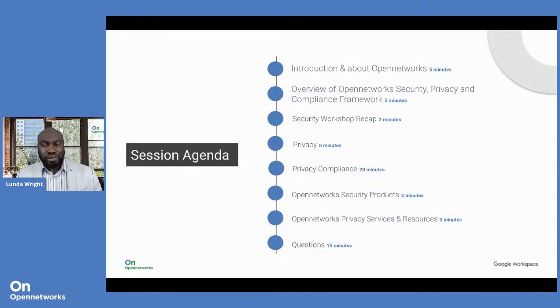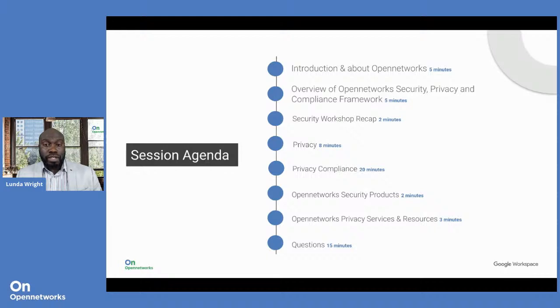To start off with, I'm going to tell you a bit about Open Networks, and then give you an overview of our security, privacy, and compliance framework. We're going to do a brief recap on the security workshop that we did last week. Then I'm going to launch into the meat of this webinar, where I'll be covering privacy and privacy compliance.